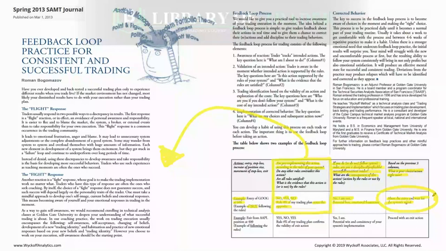So you could see how our behaviors produce our actions, produce consequences that spread out not just in trading, but throughout our whole life. Therefore, it's extremely important for us to make sure that we're going correctly through the feedback loop process and we're confirming correct behaviors.